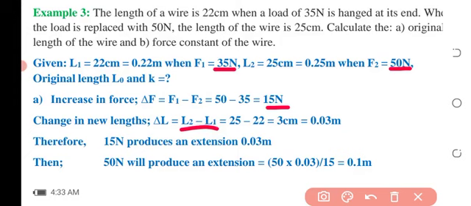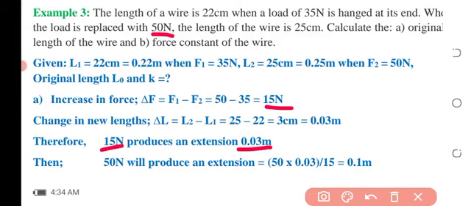So that will be 25 minus 22, and that will give us 3 centimeter, which is also equal to 0.03 meter.